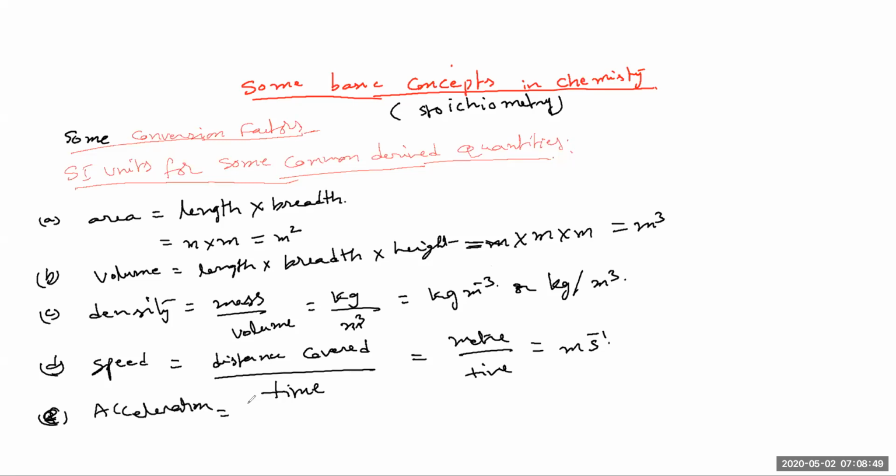Change in velocity by time taken. So this is meter per second divided by time, that is second. That implies meter per second power minus 2.